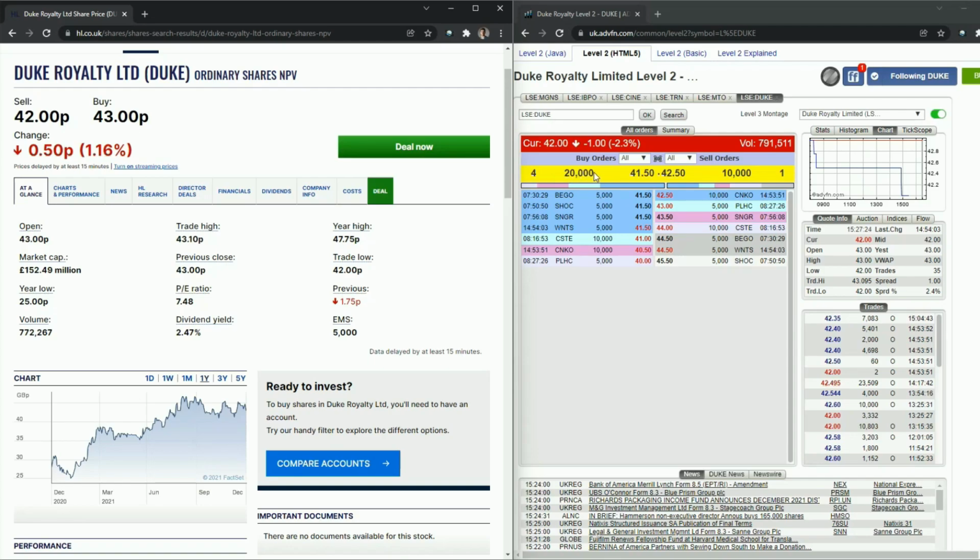Now you might be thinking, why have these numbers on the touch bar? Why are they significant enough to sit alongside the current bid and the offer? And the reason they're significant is because if there's significantly more on one side or the other, so let's say instead of 20,000 this was 200,000, and this here was still left at 10,000, what we could glean from that is there's many more buyers in the market than there are sellers.